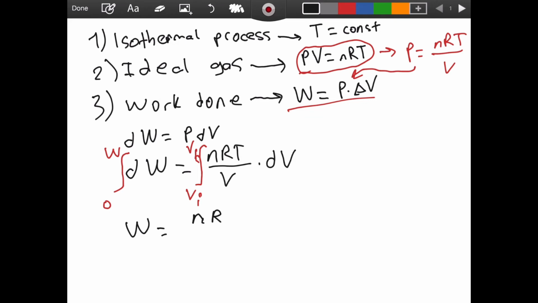Since we are dealing with an isothermal process, we just said it right here, this means that the temperature is constant as well. So we can take the T out as well. And now we just have an integral that looks like this. From V initial to V final, 1 over V dV.